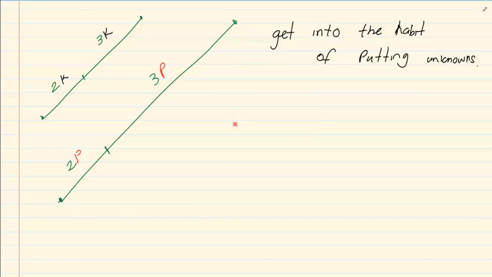So if I said K is equal to 10 centimeters, then you can say, okay, this is 20 centimeters and this is 30 centimeters. If I said P is equal to 20 centimeters, then this is 40 centimeters and this is 60 centimeters. So get into the habit of putting unknowns next to your ratios.